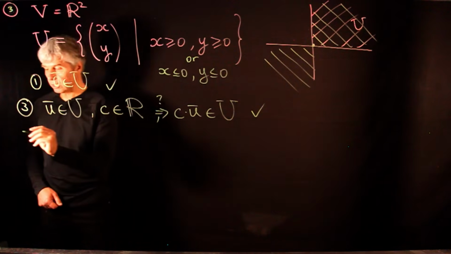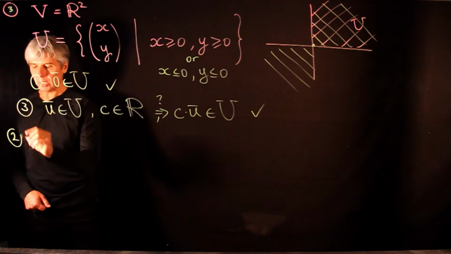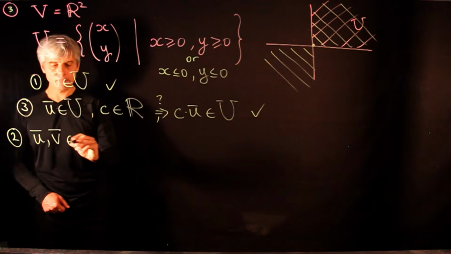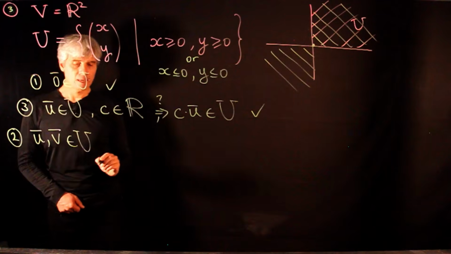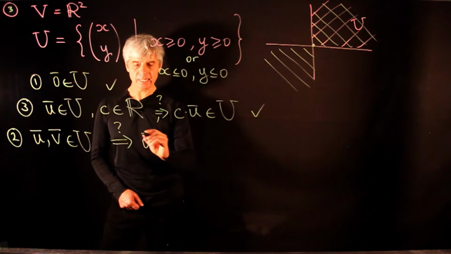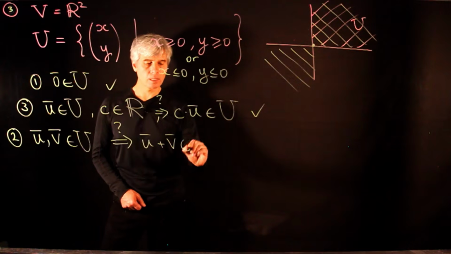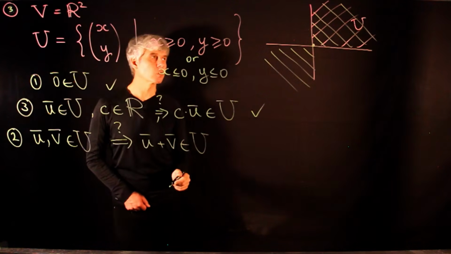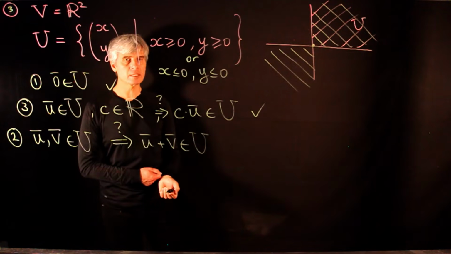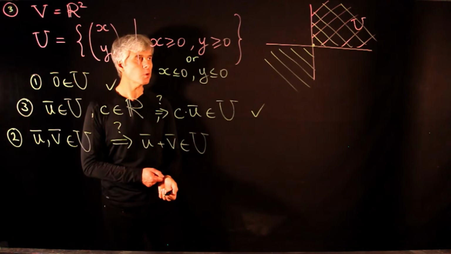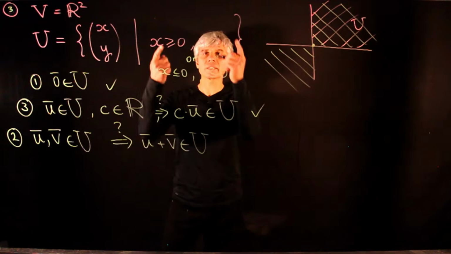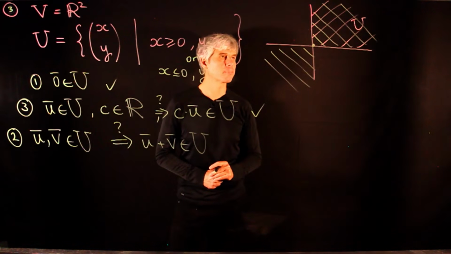Now, how about addition of vectors? Is it true that if we take two vectors u and v in this subset, then the sum is in the subset? So if we take two vectors with both components non-negative or both components non-positive, is it true that their sum will still satisfy the same properties?